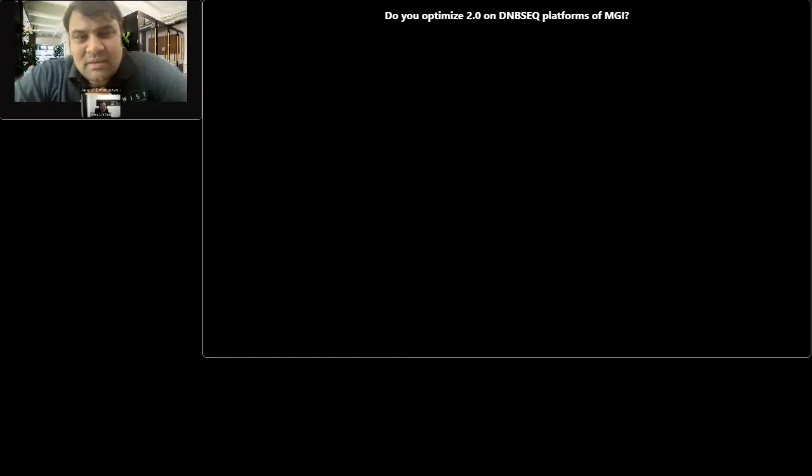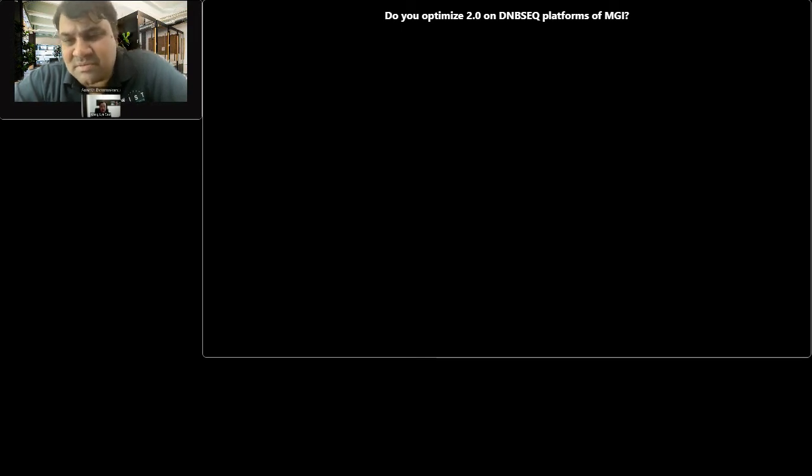We haven't done the experiment yet to see how well the metrics will change when you sequence it on a NovaSeq versus a DNB-seq. But I assume there should not be any difference in the metrics because it was taken into consideration.